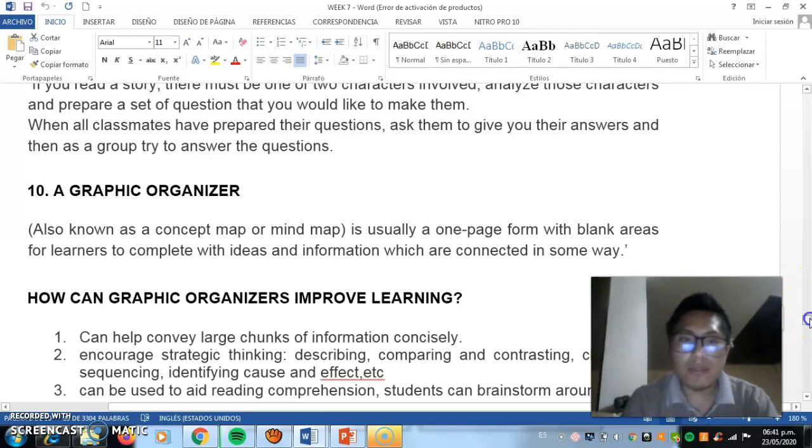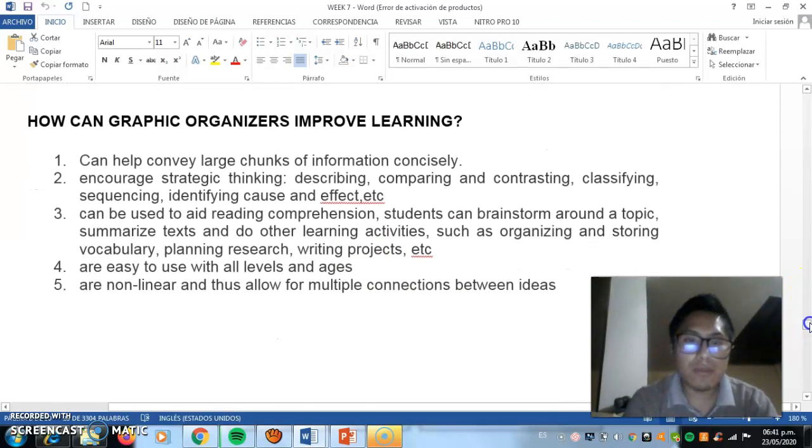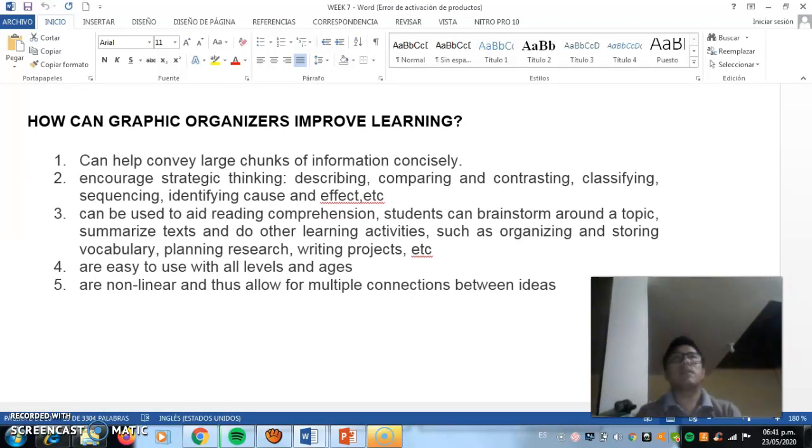Oh, yes, of course. Graphic organizers give us the chance to better understand the information that we want to know, specifically about the definitions or some parts that we need to know, just because graphic organizers give us a chance to understand more or to get specific information.